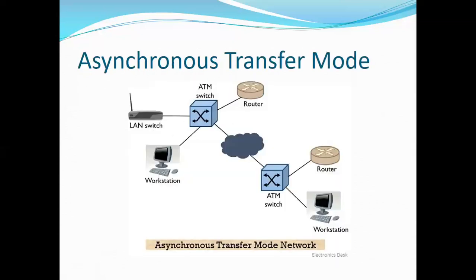We also have ATM, asynchronous transfer mode. That was also developed as a wide area network technology. You can see it's also a cloud. All right, so the different locations are connected by an ATM cloud.